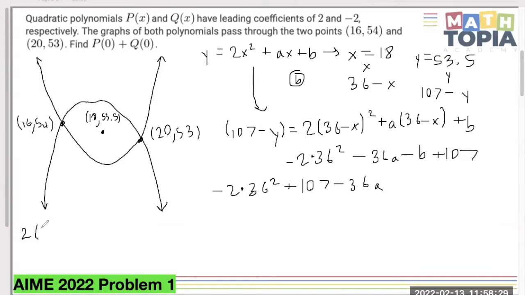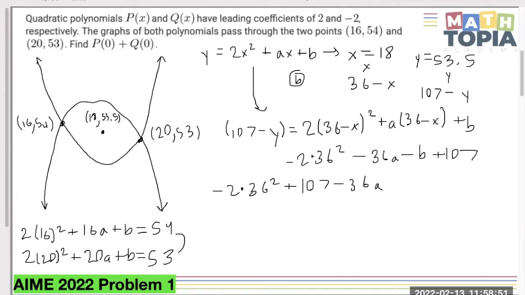Because we know 2 times 16 squared plus 16a plus b would give us 54. Meanwhile, 2 times 20 squared, if we plug in 20, plus 20 times a, plus b would give us 53. And then we can just subtract these two equations, right?